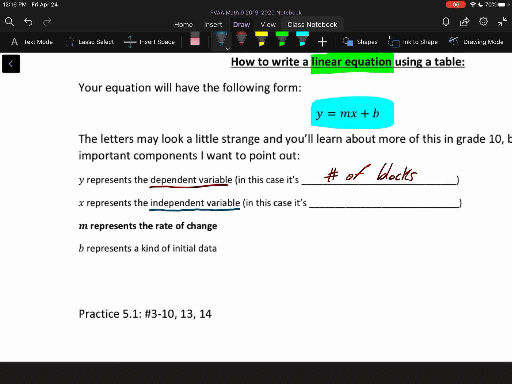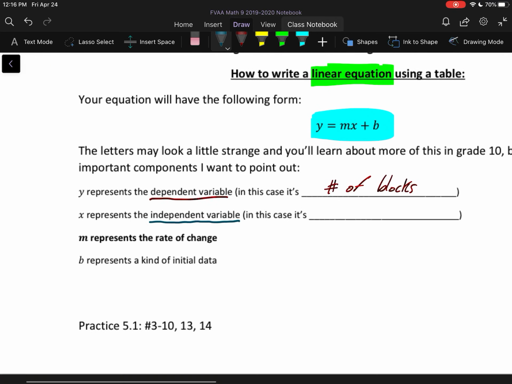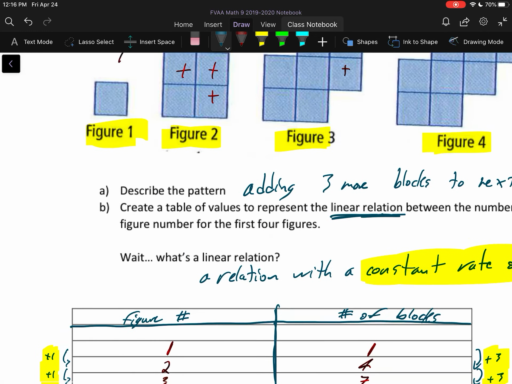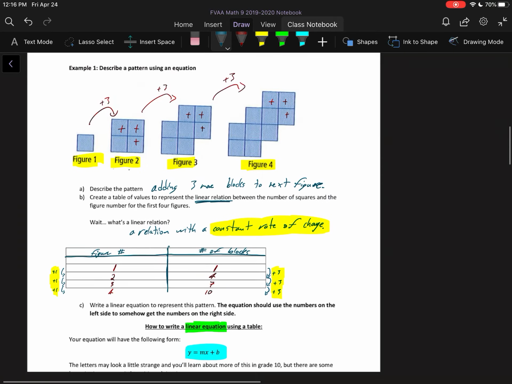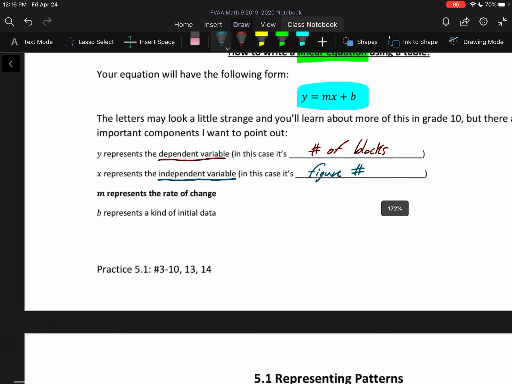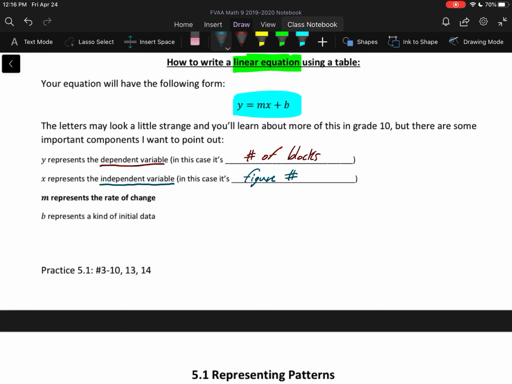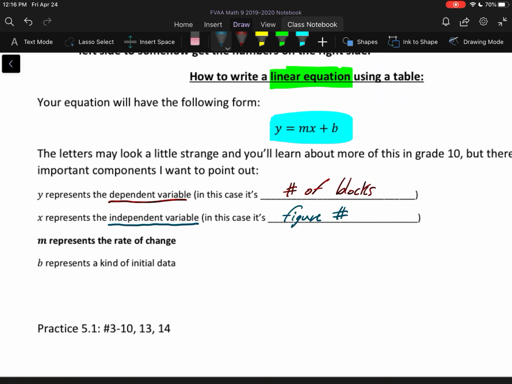So independent in this case would be the figure numbers. As the figure numbers change, that's when the blocks are added. We don't add a figure number because of the number of blocks. We add blocks based on the figure number. One is the responding variable. The other one is more the predictive variable. So that's our x and our y.